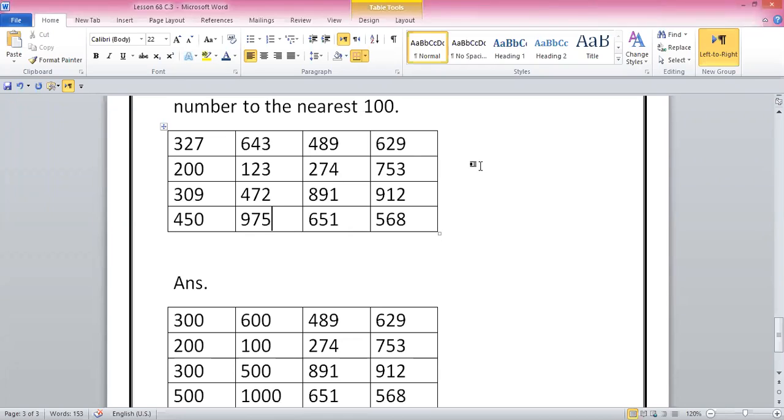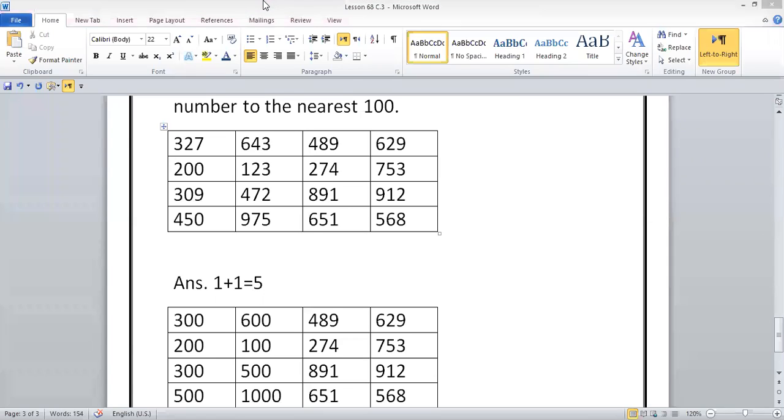If your teacher says that 1 plus 1 equals 5, will you accept it? No, sir. If I ask you 1 plus 1 equals what, you will say 2. I say no, 1 plus 1 equals 5, but you will not get confused, because you are sure that 1 plus 1 equals 2.